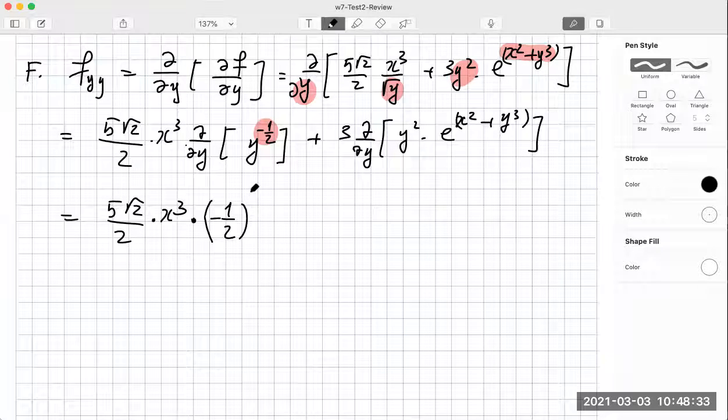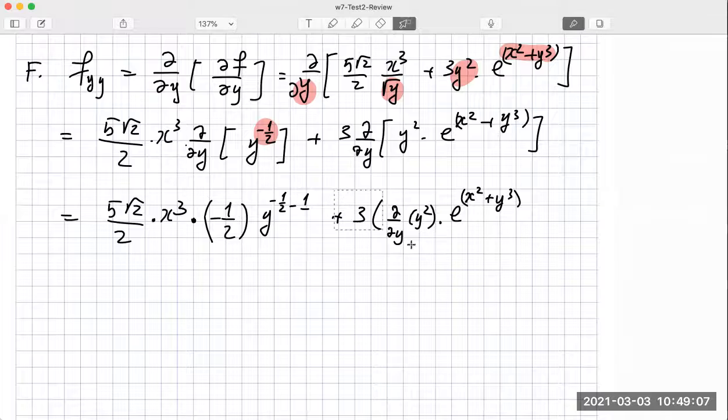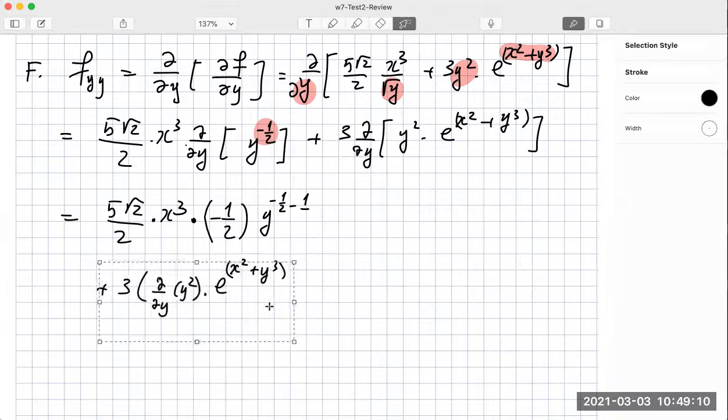Negative 1/2 and y to the negative 1/2 minus 1. Then 3 times the derivative of the first one, or let us write it slowly, d over dy of y squared e to the x squared plus y cubed. Let us bring it down, it's easier, we have more room here.